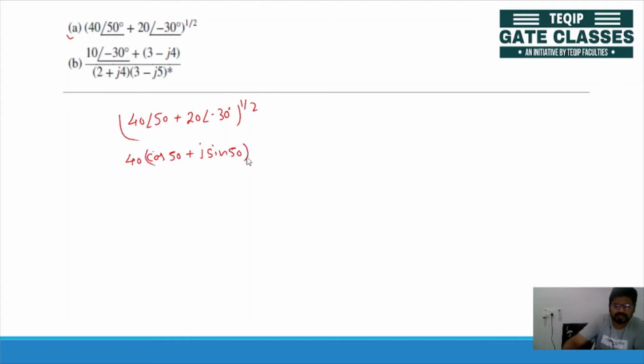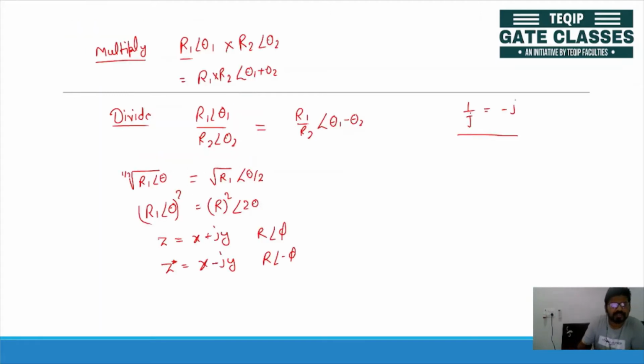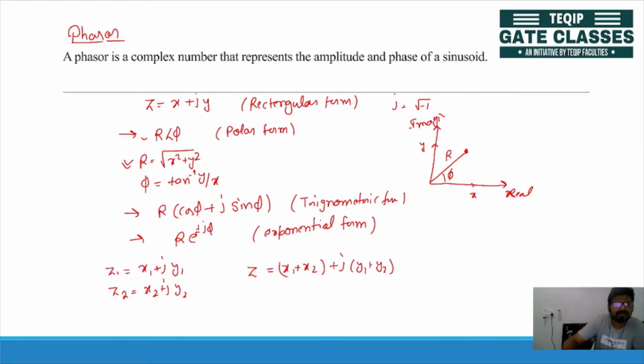Like previously, if you have a rectangular form x plus jy and want to convert it into r angle phi, then r will be the square root of x square plus y square and phi will be tan inverse y by x.